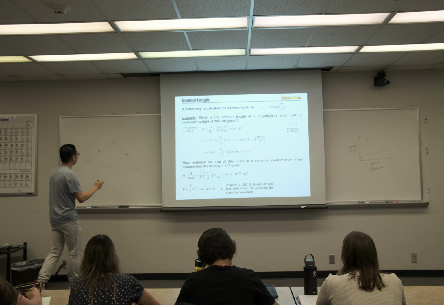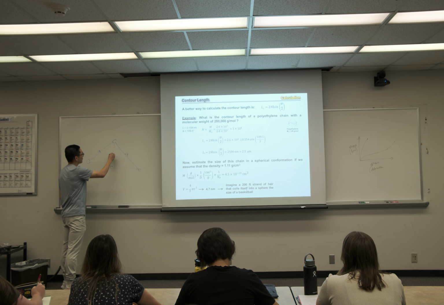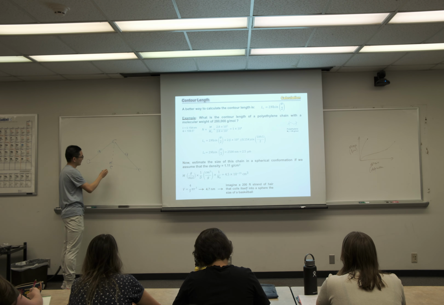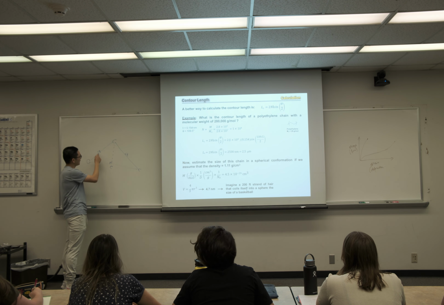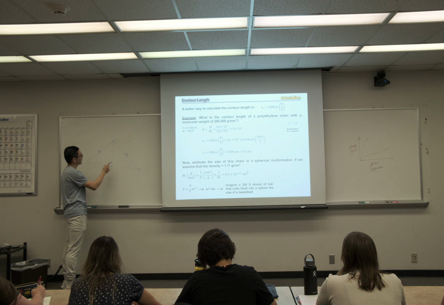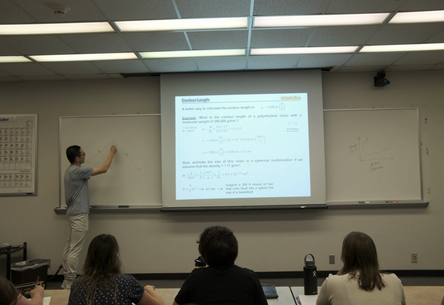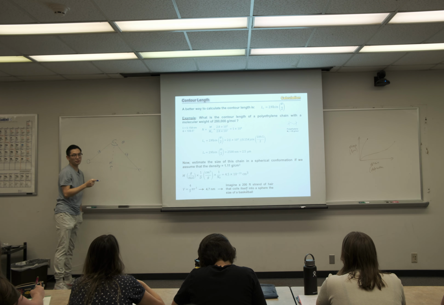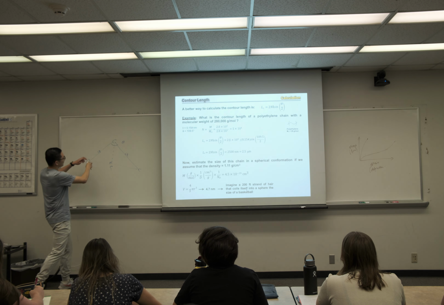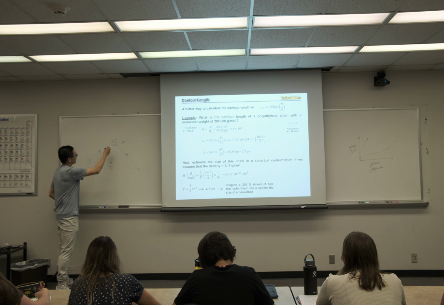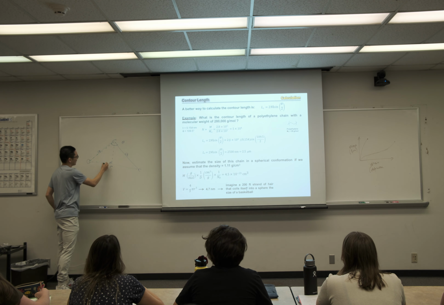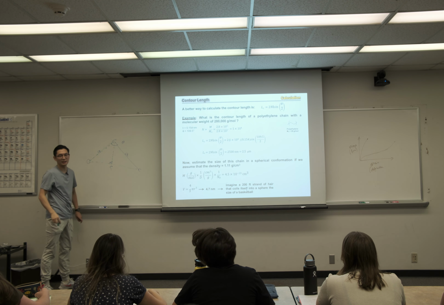If we draw a perpendicular dashed line, what is the relationship between A and C if I tell you this angle is theta? First, you don't want to look at this giant triangle. You just want to look at this half triangle, which I highlighted for you, right?